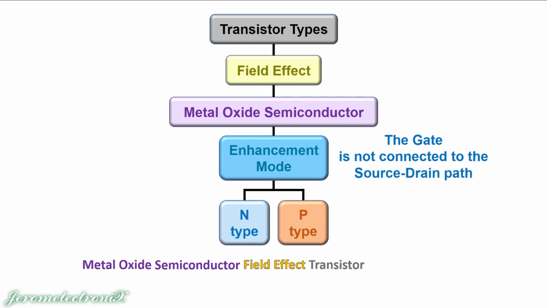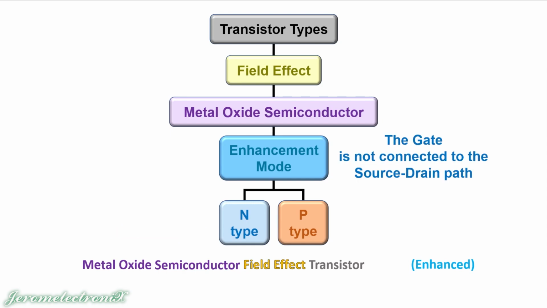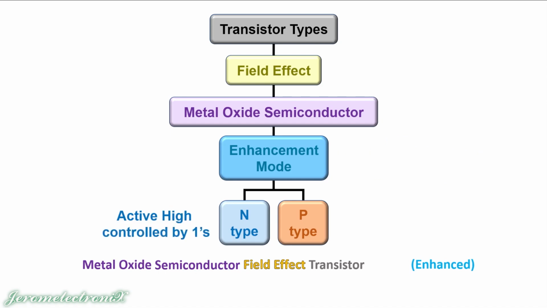Again, the enhancement mode, not completely clear on that, but I think it means the gate is not connected to the source drain path. So it's enhanced. I've been getting differing definitions on what enhancement mode means. I'm still trying to figure it out.